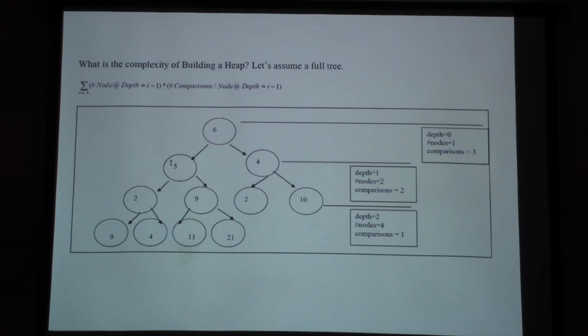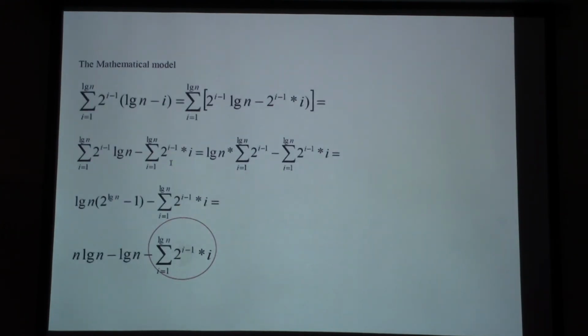So I'm going to multiply 1 times 3 plus 2 times 2 plus 4 times 1, etc. In general, I'm really going to go from 1 to h. So here is the model that we have to solve.